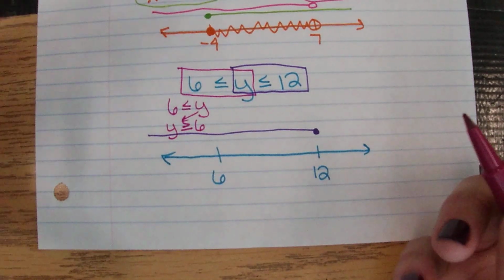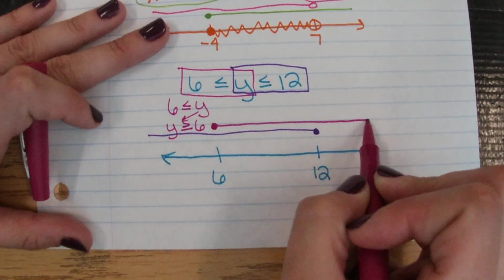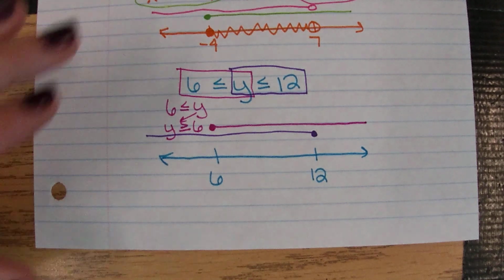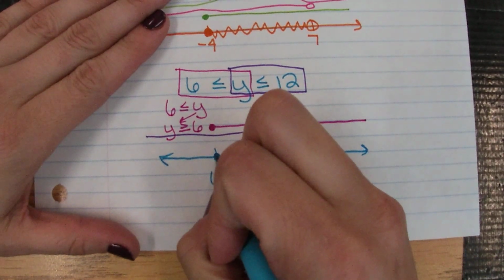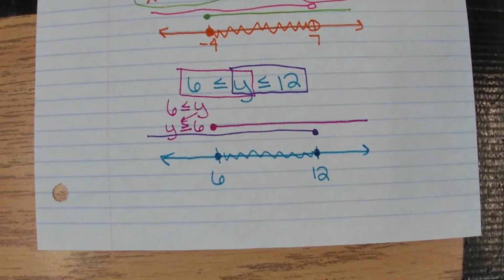Okay, so once I flip that sign, then I'm good, and this is a filled in circle to the right. And again, because this is compound and, I want where they're overlapping. I want where both of them are happening. And so I'm going to go in this middle portion.